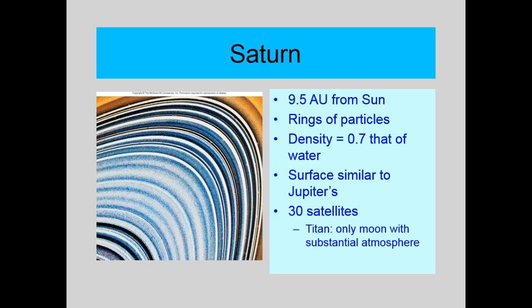Now, its surface is similar to Jupiter's. Really not much of a surface. It's a really thick atmosphere. Somewhere down there you might start hitting some solid gas, gases that are so cold that they are frozen solid. But it's nothing like a rocky surface like the Earth has.